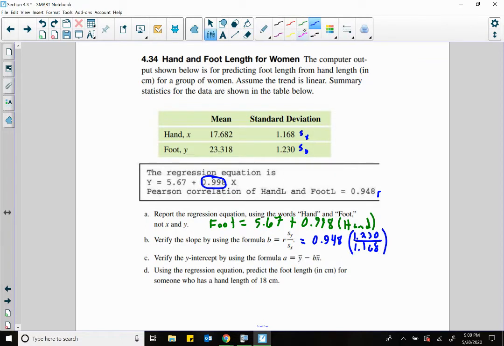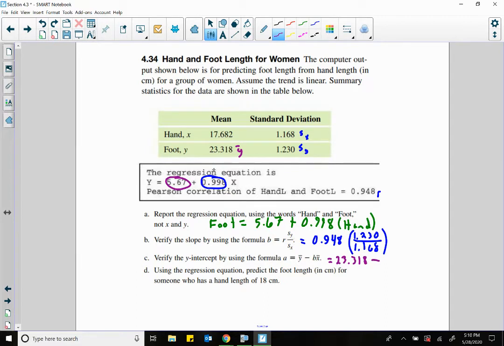So in this guy right here, they want you to verify this number. All you're going to do is plug in the mean for the Y, which is 23.318, minus your slope, which you already just found and verified.